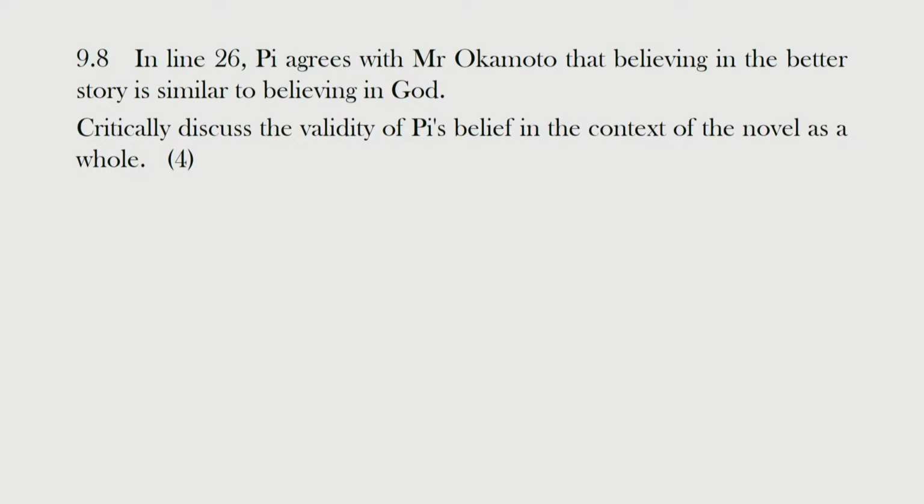Okay, so critically discuss, we've looked at that. The validity of Pi's belief in the context of the novel as a whole. What belief? Belief in God. And, you know, when you look at the statistical probability, ignoring which one of these stories you believe, you've got somebody who was definitely and provably for 227 days in a lifeboat adrift on the Pacific.